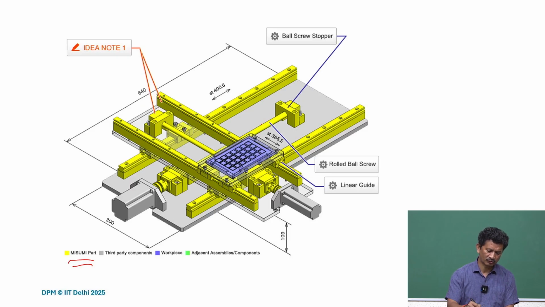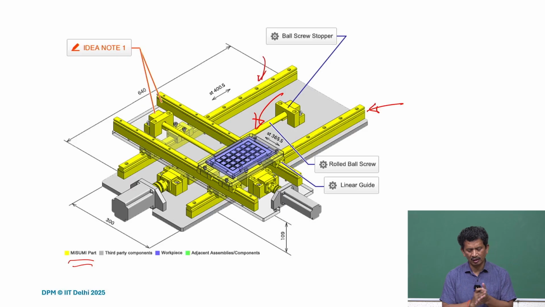So you can see the ball screw here, and these are the linear guides. Of course, friction is still involved here. It's sliding, but even in linear guides you have different kinds, where you have recirculating balls and then the friction can be reduced. But still, there is a contact. Be aware of that, because of that contact, the friction, whether it's sliding or rolling, the precision will be lowered.